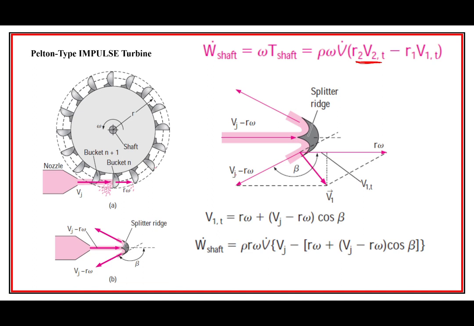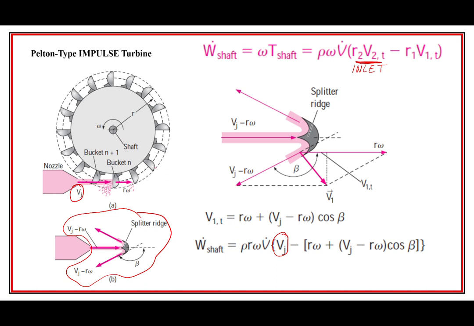So this V2, remember, is the inlet, and therefore the actual inlet is just going to be Vj, because that's what is being moved into here. So the inlet is Vj, the velocity of the jet. But then we start to move into the relative velocity, and that's where it becomes confusing.